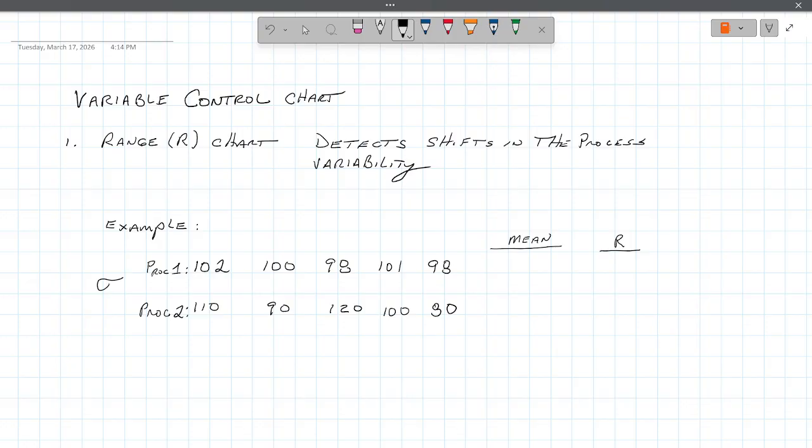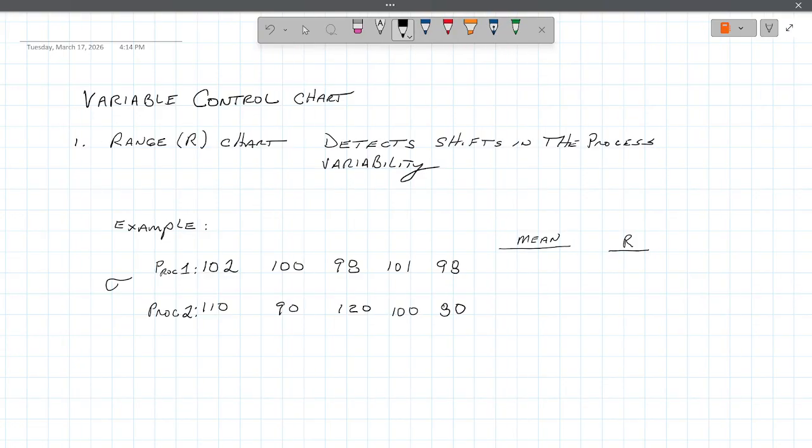Say it again, Sarah. 99.8 for the first one? Okay. What's the mean for the second? 100 on the nose?